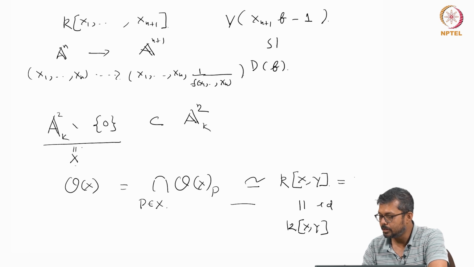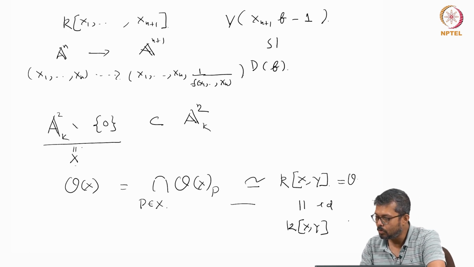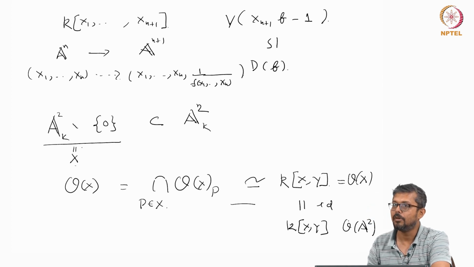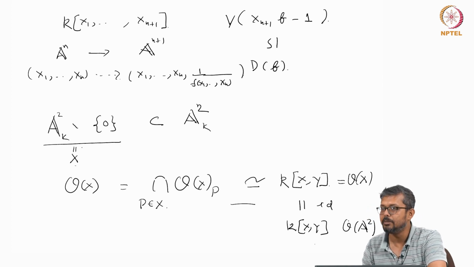So this is O(X) and this is O(A^2). If you take the identity map, that means the identity map I can think of as a map from k[x,y], that is O(A^2), to O(X).